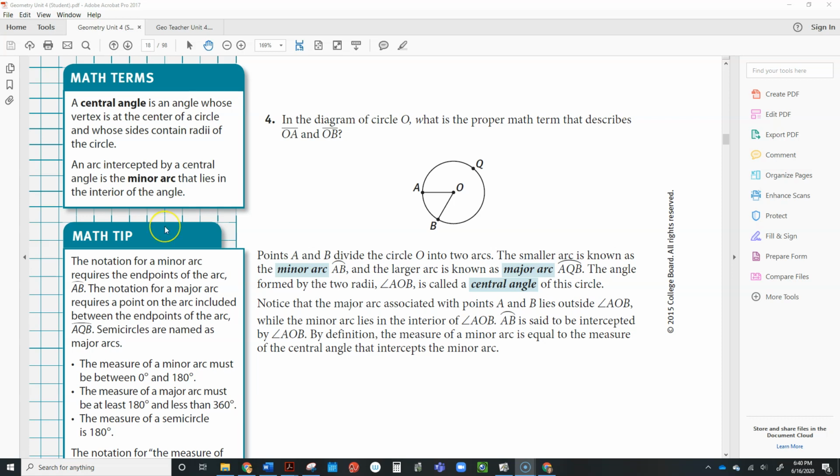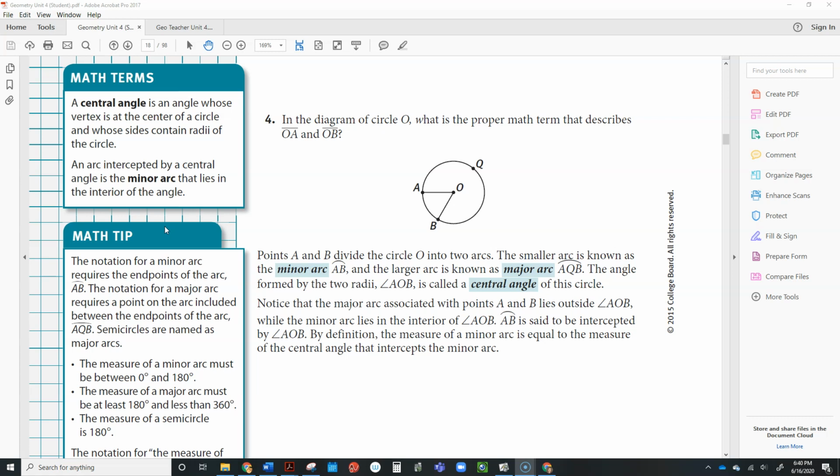So here's the vocabulary. We've got the word minor arc, major arc, and central angle. An arc is simply a piece of the circle, and it's a minor arc as long as the piece of that circle is less than 180 degrees. A major arc is when it is more than 180 degrees.